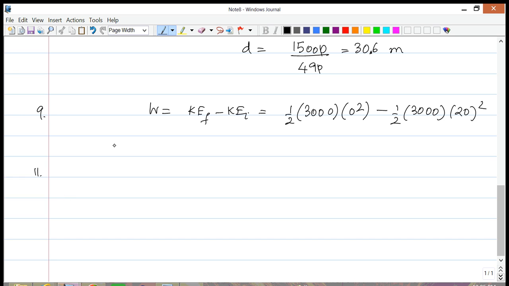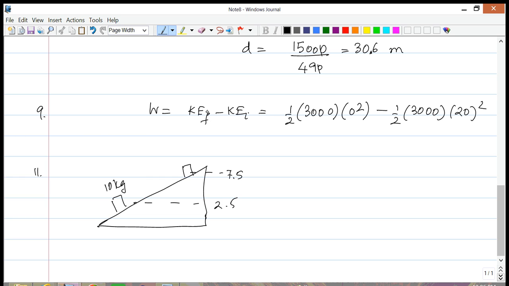In 11, a block is going up an incline, going from 2.5 to 7.5 meters. Its mass is 10 kg, and it's asking for the amount of work done. The work done is nothing but mgh in this case, because all we have to worry about is the object going vertically upward. For the horizontal part of the motion, no work is being done.